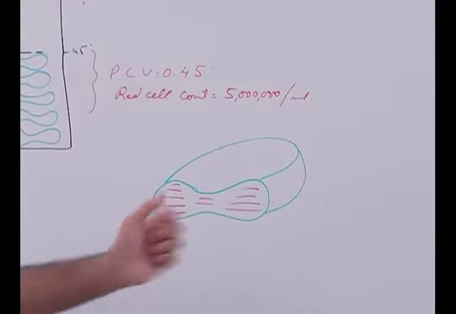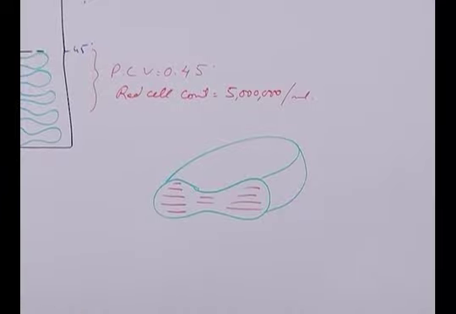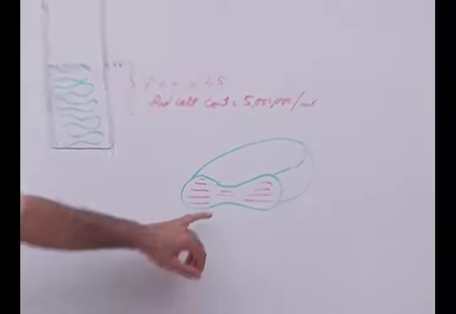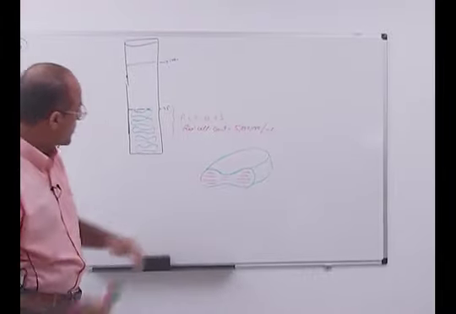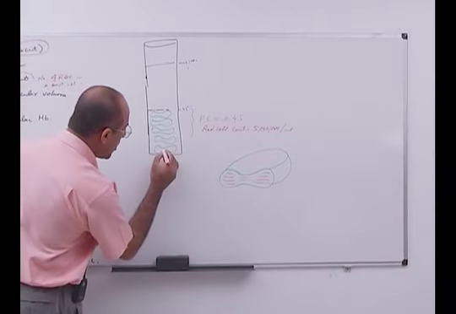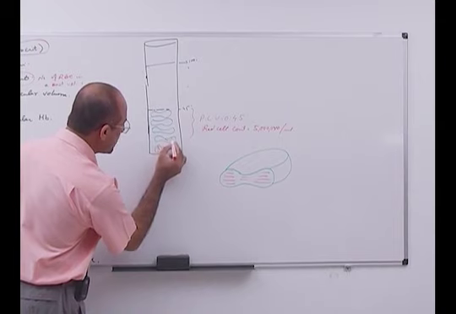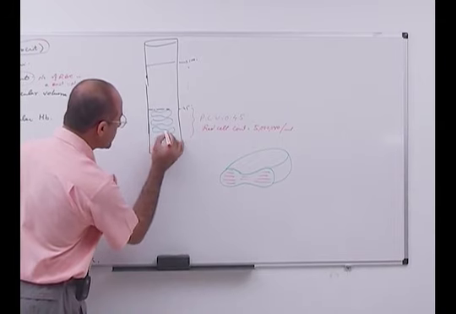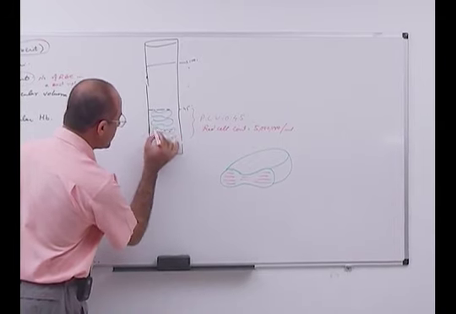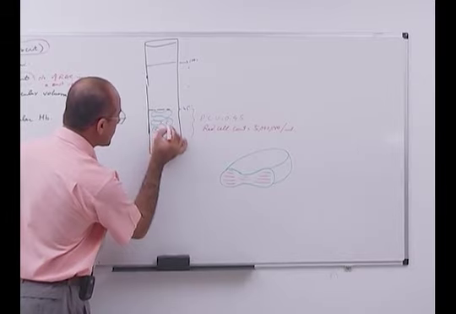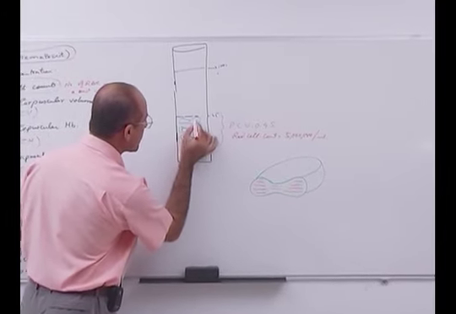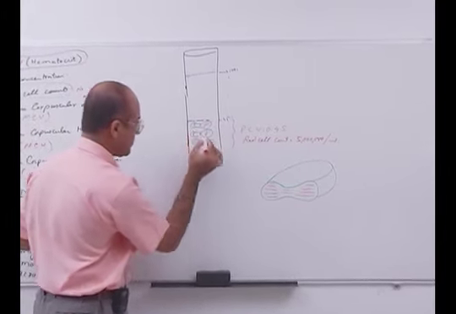Every red blood cell has some hemoglobin. Naturally, all these red blood cells are bags of hemoglobin. Red blood cells do not have any nucleus. Now, this is hemoglobin.